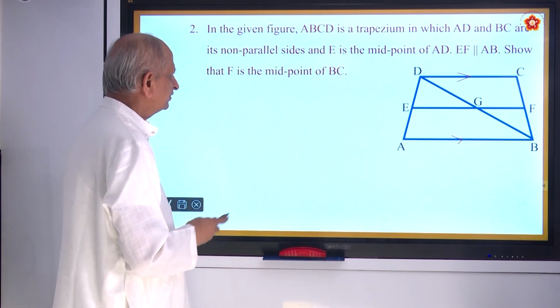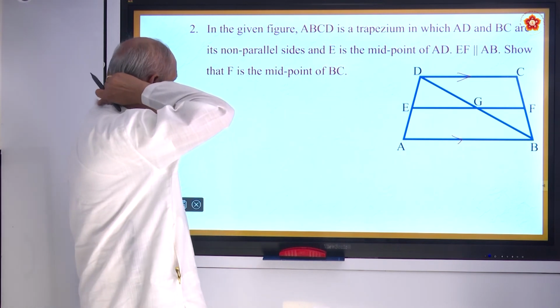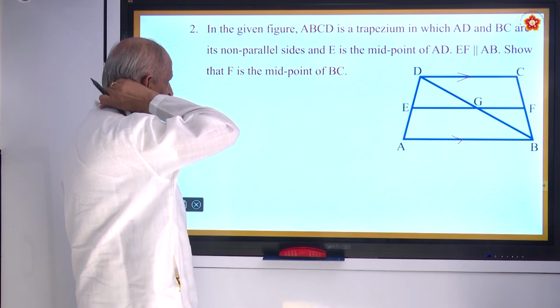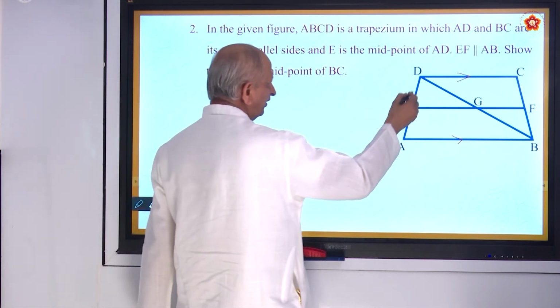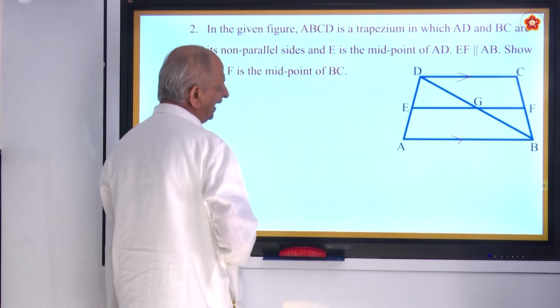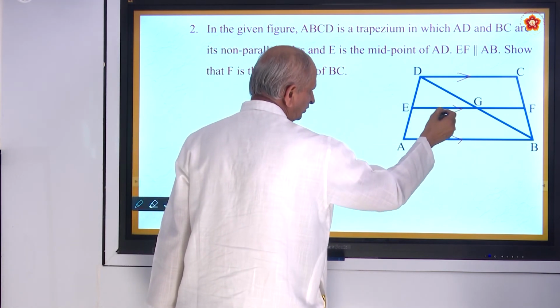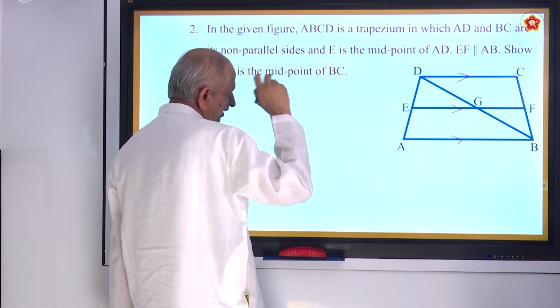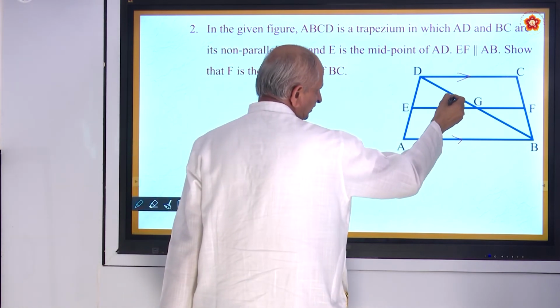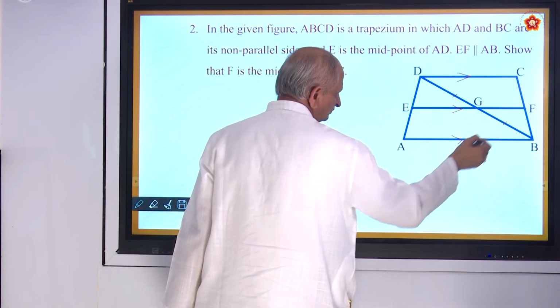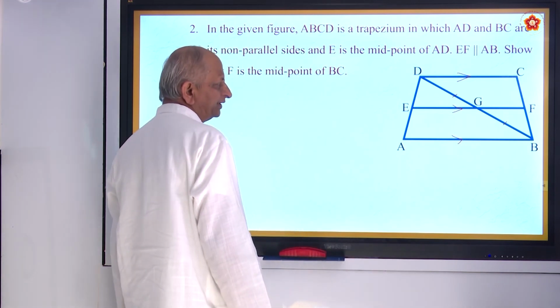Okay. Now shall we work it out? Now you must note that E is the midpoint of AD. As per midpoint theorem, this line is drawn parallel to this. So then you have DG equal to GB. Is it not?